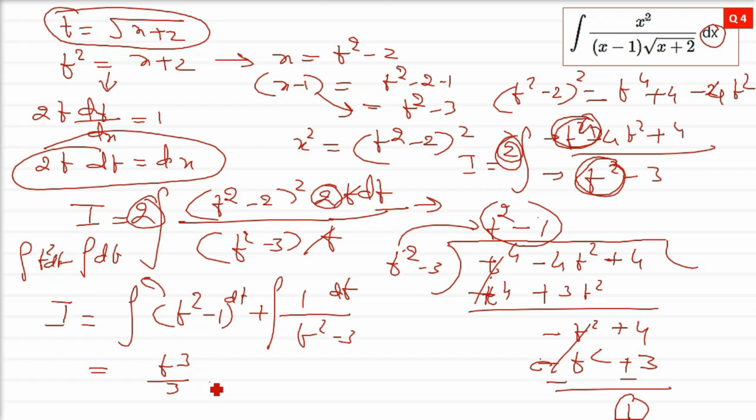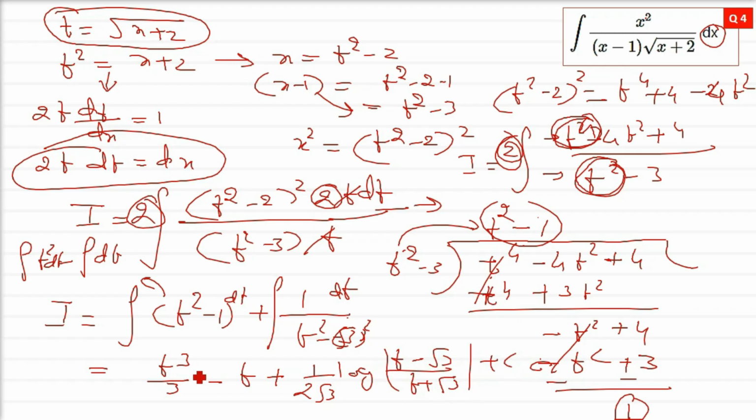So t cube divided by 3 for the first one, and then t for the second term. Now just call it root 3 whole square here, and we can apply the formula for integration of dx divided by x square minus a square: 1 by 2a log of t minus root 3 by t plus root 3, plus a constant of integration.